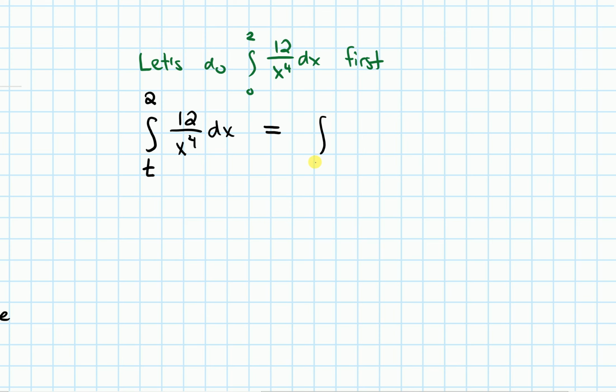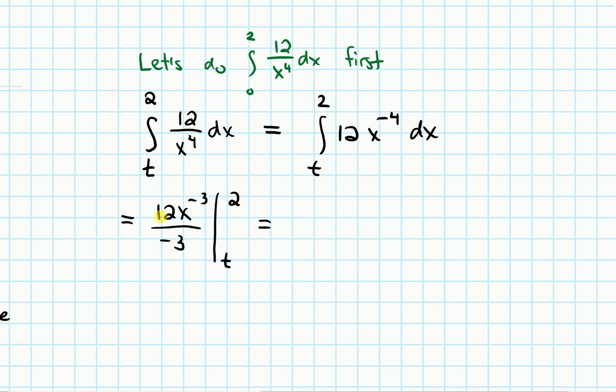I rewrite this as 12x to the -4 dx, and now I can do the antiderivative with the reverse power rule. I'll get 12x to the -3 when I add 1 to the power, divided by -3. If I simplify, this becomes -4, and I bring x to the -3 to the denominator. I still plug in the t and the 2.